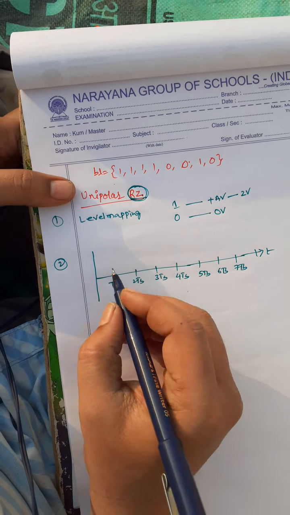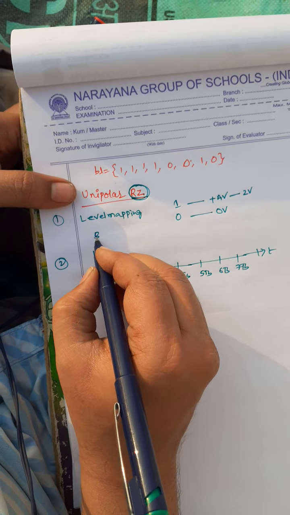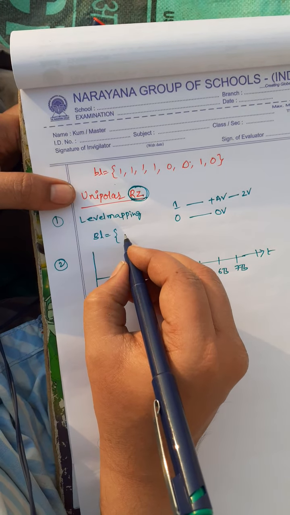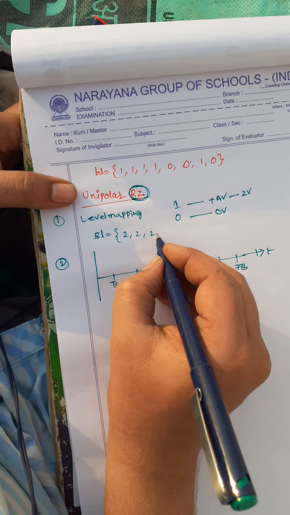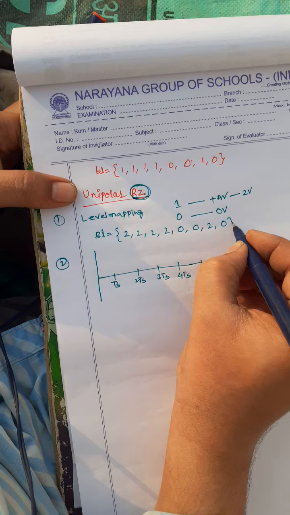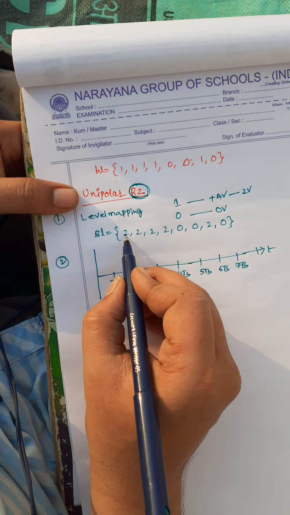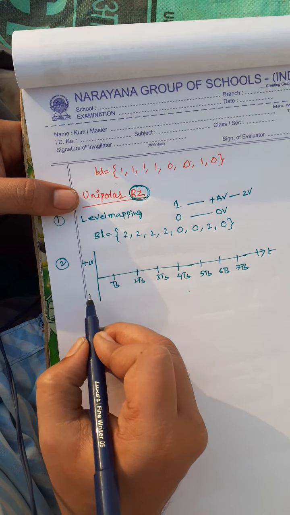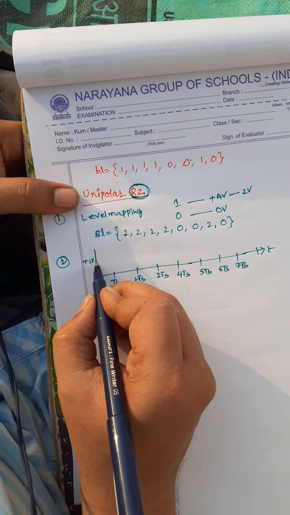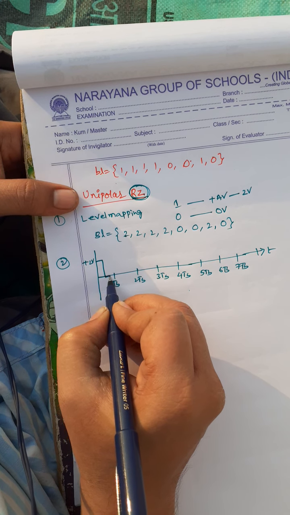Now see here, the first bit is 1. So after level mapping, what is the BL here? BL is 2 2 2 2 0 0 2 0, right? After level mapping, the first bit is 2 volts. Okay, now within TB by 2 duration the bit is returned to 0.